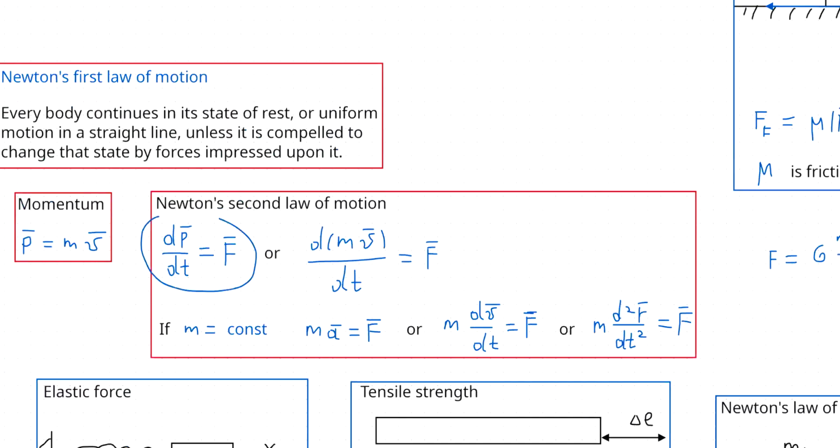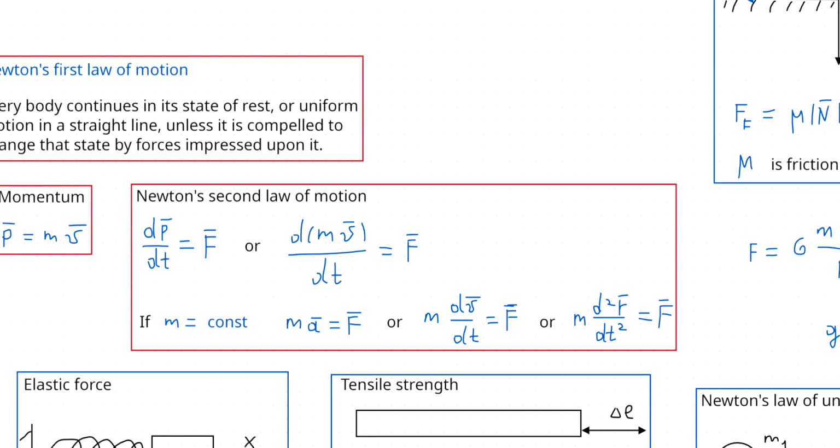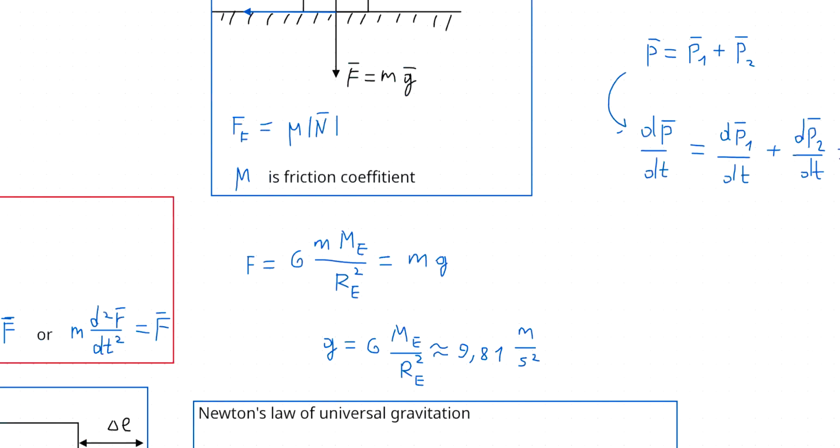We have zero on the right side of the equation because we don't have any external forces.